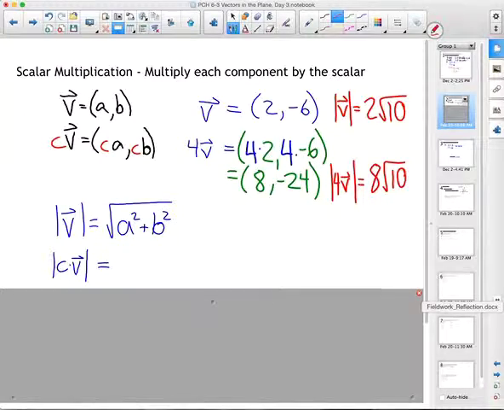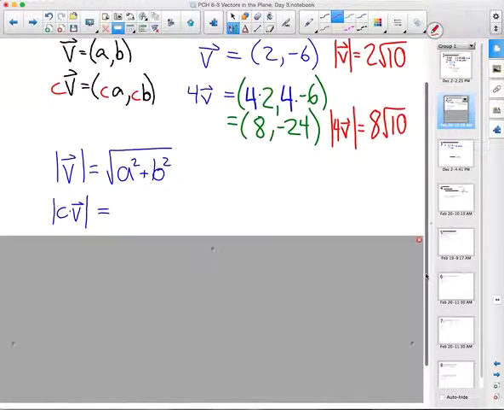Okay? So check this out. We've got this vector v. We find the magnitude by using the Pythagorean theorem here. If I multiply that vector by a constant, I don't need to recalculate actually. I can just take the magnitude of v that I've already figured out and multiply it by the scalar. Okay?